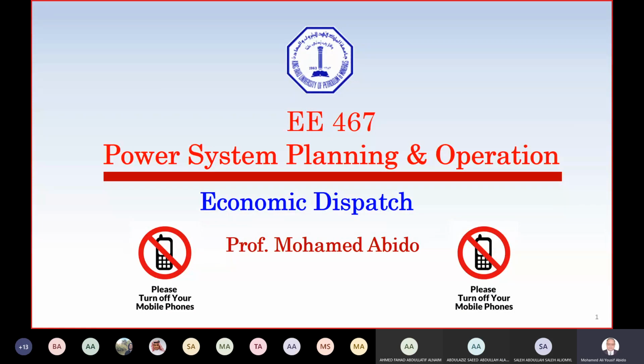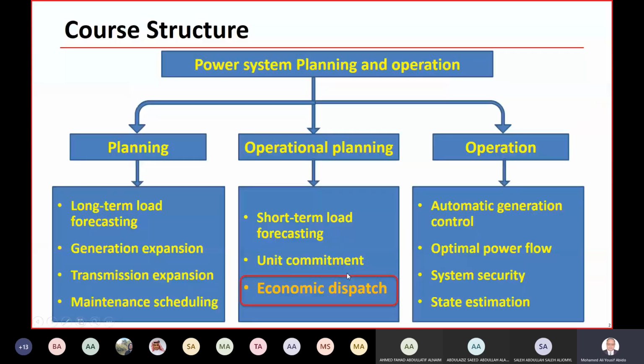Okay. So this is the second topic that we will cover in this course, inshallah, which is the economic dispatch. As we discussed earlier, we have several planning, operational planning and operation problems. And one of them is the economic dispatch, which can be classified as operational planning.